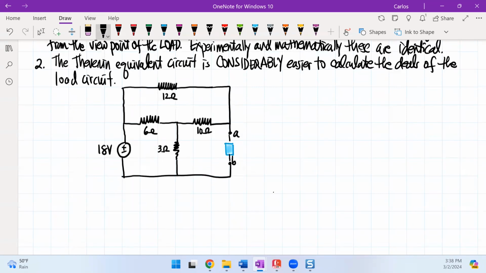This circuit, from the viewpoint of the load, can then be replaced with this guy right here.